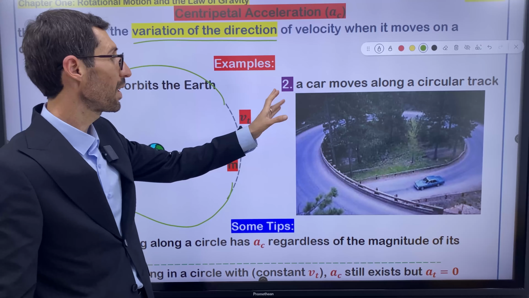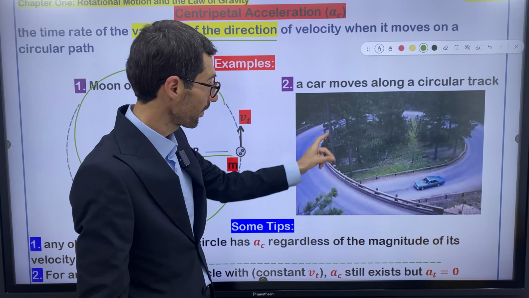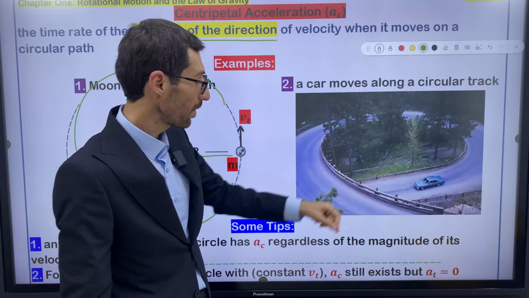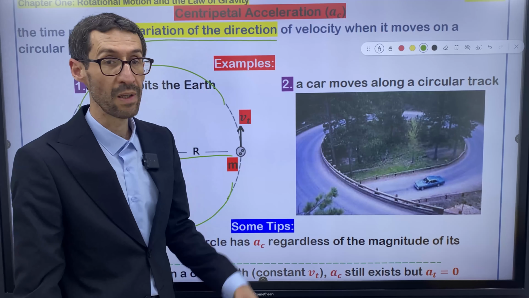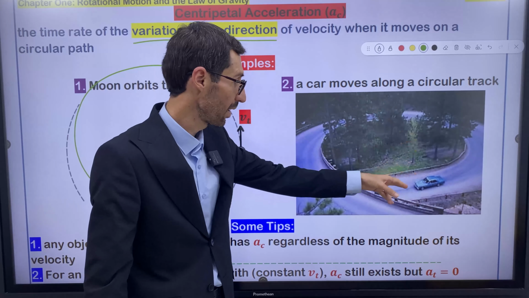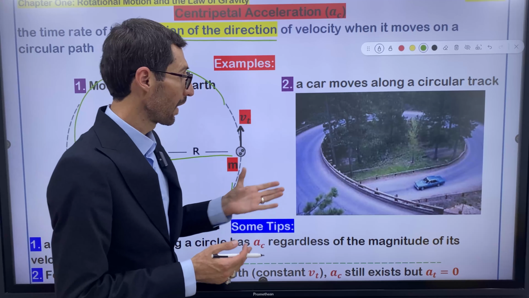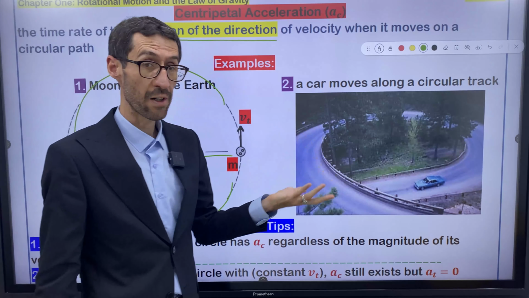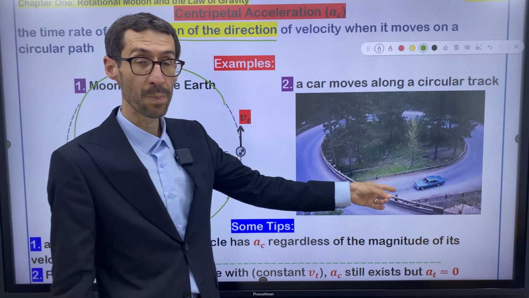The second example: a car moves along a circular track. So there's a car here, right? The car moves around a defile, and a defile means a curved path. That's why it picks up centripetal acceleration.